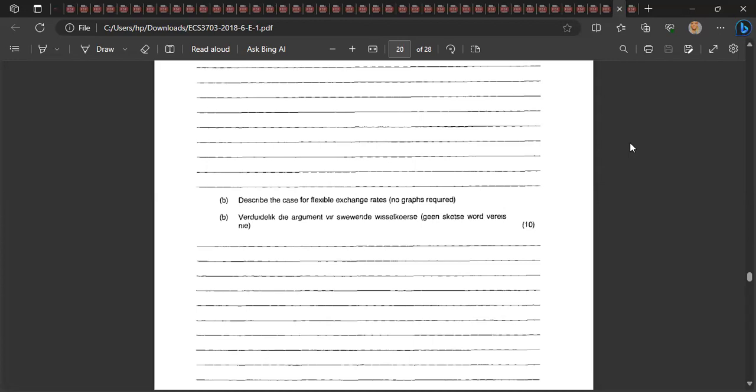So you have to explain those two and then the graphs, obviously, because she said even though the question says with this aid, you don't need graphs, you do need to include the graphs, because how are you going to explain what is happening if there's no graph? I think they try to trick us with that question saying not to include graphs. So you have to draw the graphs.